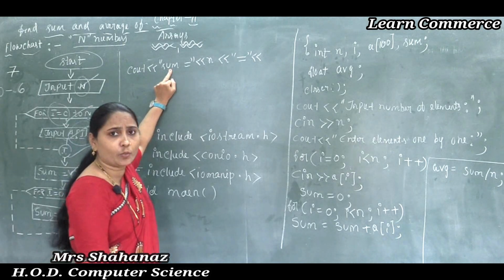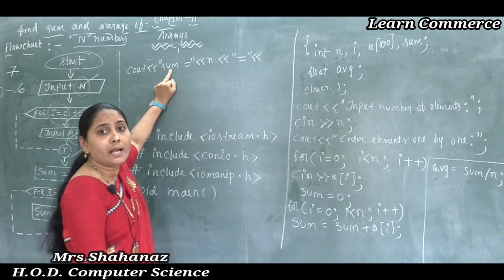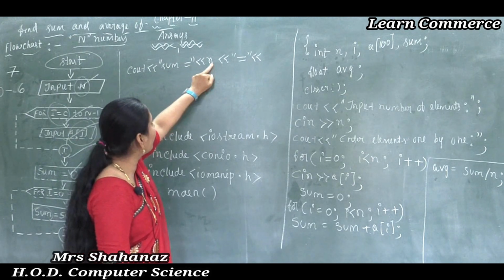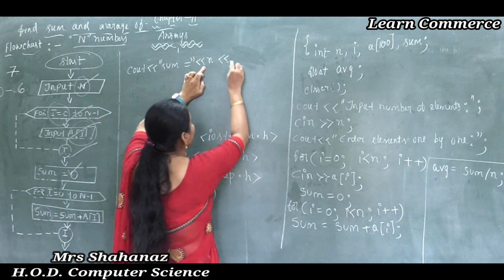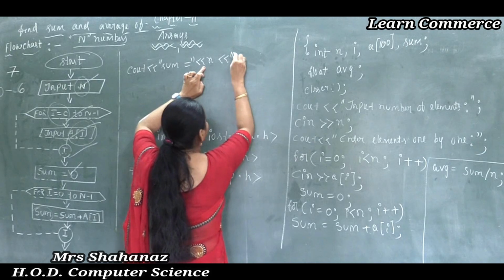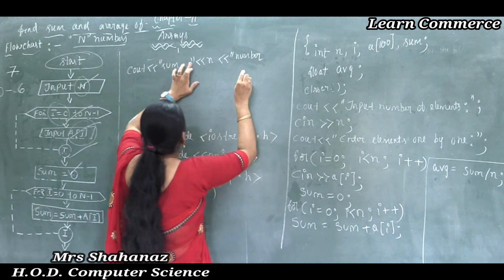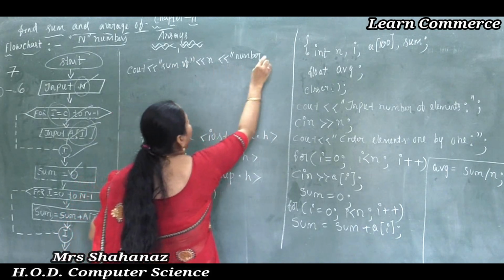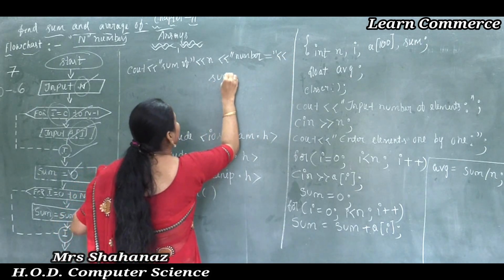That means in case you want to display the value as a message, here we need to write sum. So sum is equal to 6. Is this point clear? Sum of 6 number is equal to sum.